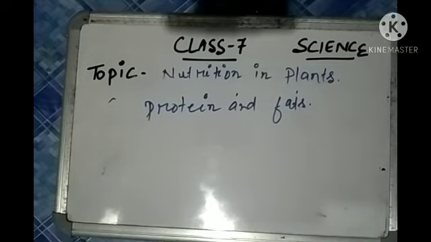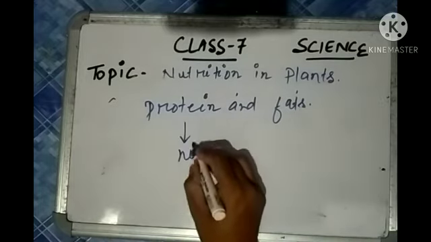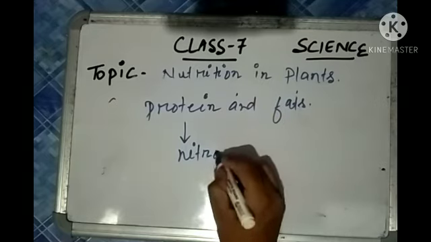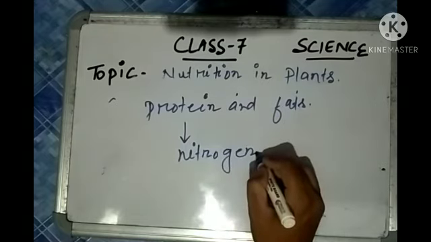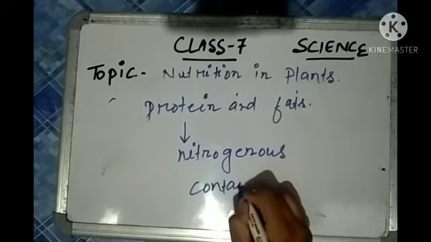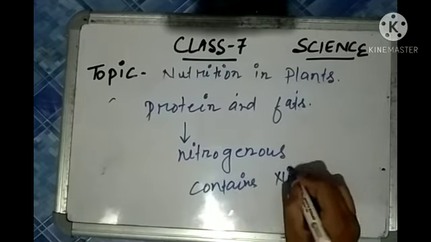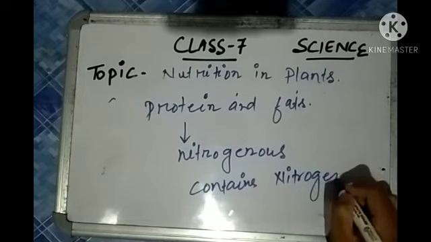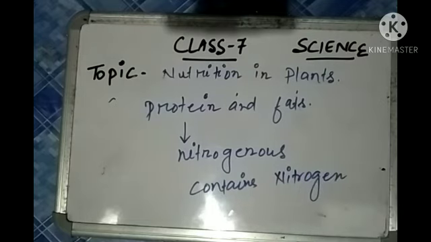But now the question is, protein is a nitrogenous compound. That means it contains nitrogen. Carbohydrates have carbon, hydrogen and oxygen. The question is, from where do the plants obtain nitrogen?